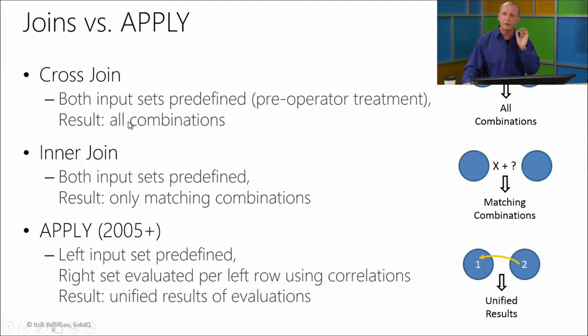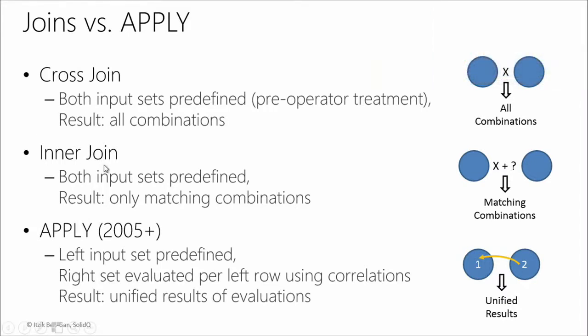So the critical thing to remember about the join part before we relate it to the apply operator is the fact that the 2 sets are predefined. It's not that one set is evaluated first and the other set is evaluated second. It's not that one set is evaluated based on elements from the other set. Think about 2 sets or 2 relations that are predefined, and then we go and generate all combinations. Right? So this is pretty much a cross join.